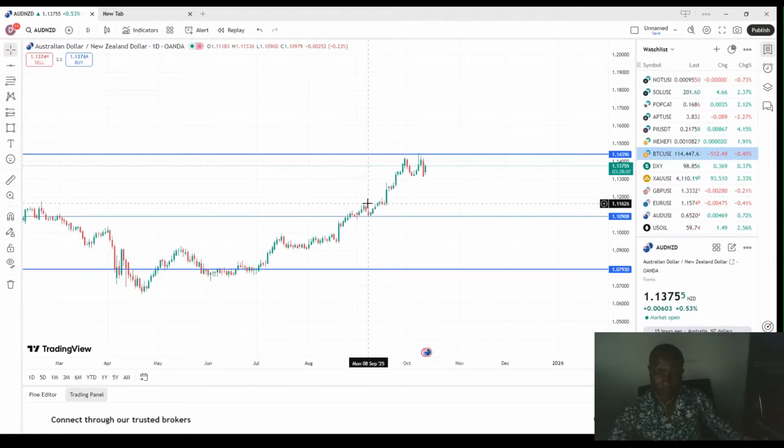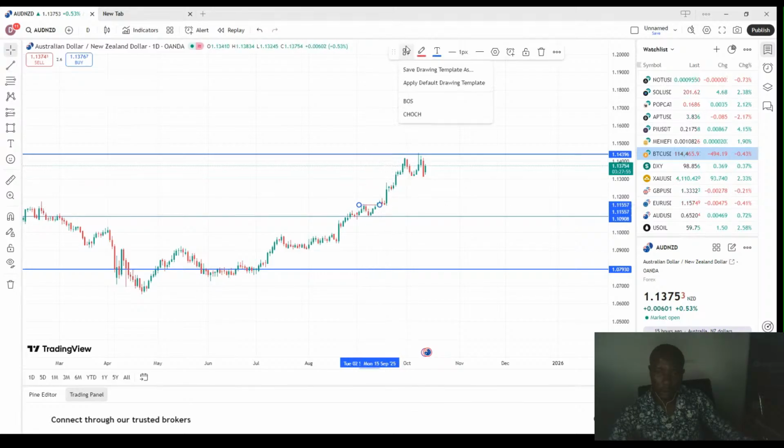It was around here. The last break of structure happened here, because all these ones are liquidity. So it means this M pattern might hold because it has been holding before here. So it might hold to drop this market down.